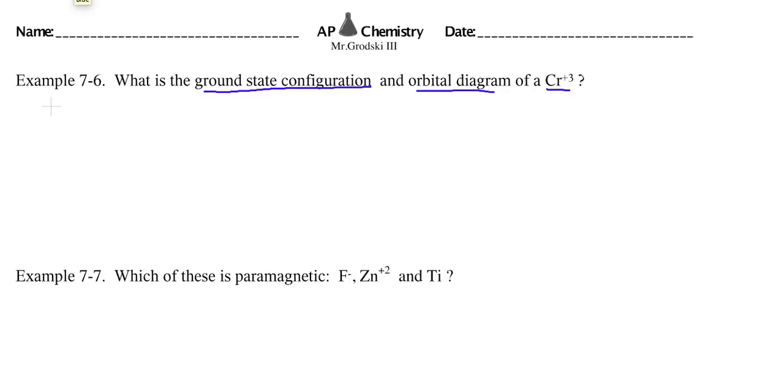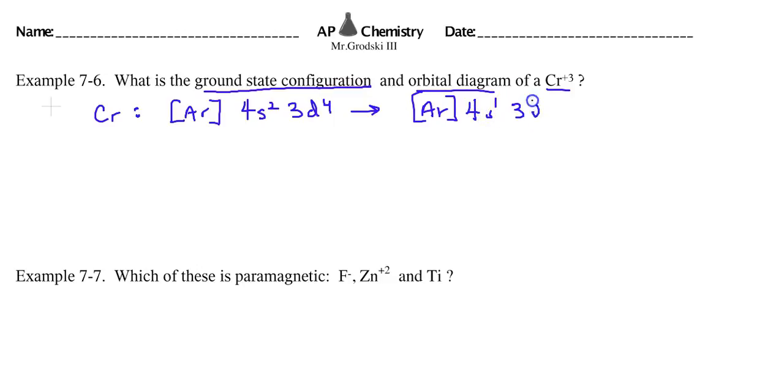All right, so chromium, an atom, neutral, shorthand notation would be argon 4s2, 3d4. Now, in truth, this isn't correct, right? We should know better now that one of these electrons will fill the D, so this really should be argon 4s1, 3d5.